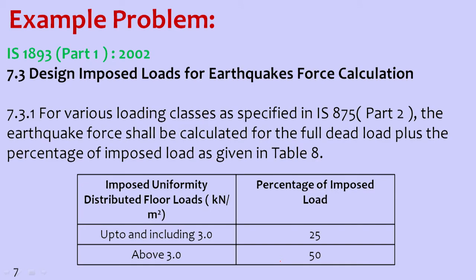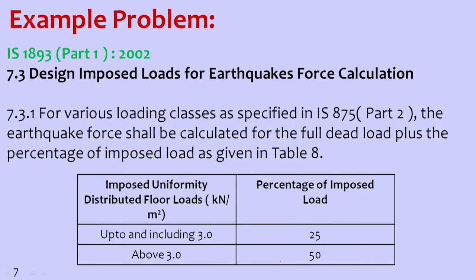Now in order to consider the live load or imposed load for calculation of seismic mass, IS 1893:2002 has some guidelines. Clause number 7.3.1 says that for various loading cases as specified in IS 875 part 2, the earthquake force shall be calculated for the full dead load plus the percentage of imposed load as given in Table 8.